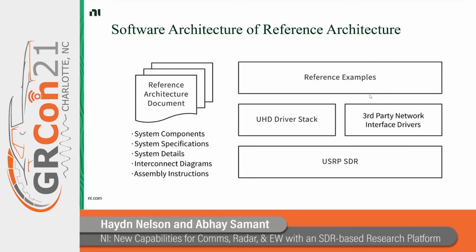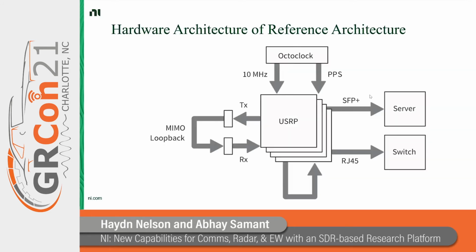In addition to the software, the reference architecture also contains interconnect diagrams, a wire list that you can hand over to your technician who can put these systems together, and also assembly instructions for how to assemble the system. In terms of hardware, I've already spoken about the LO sharing.